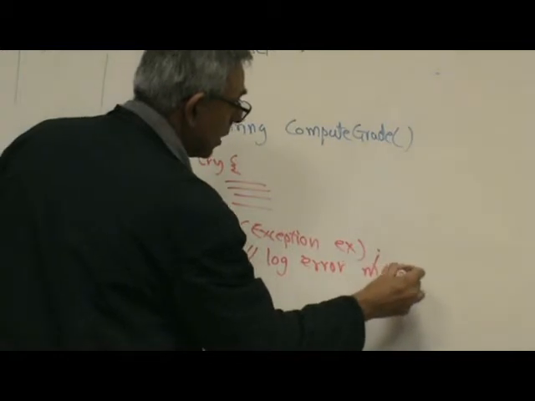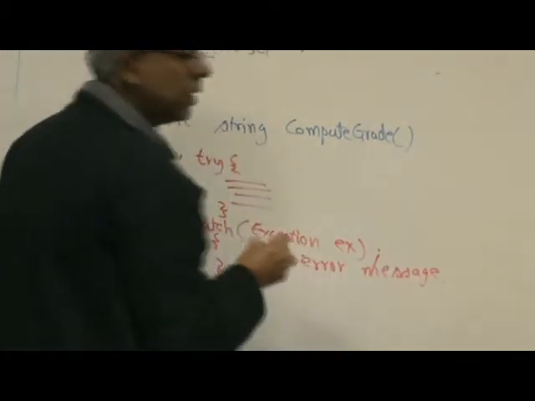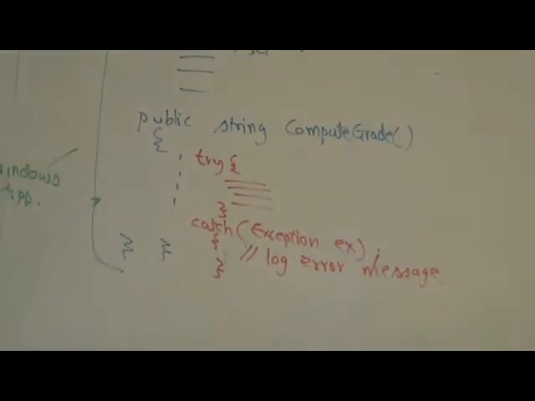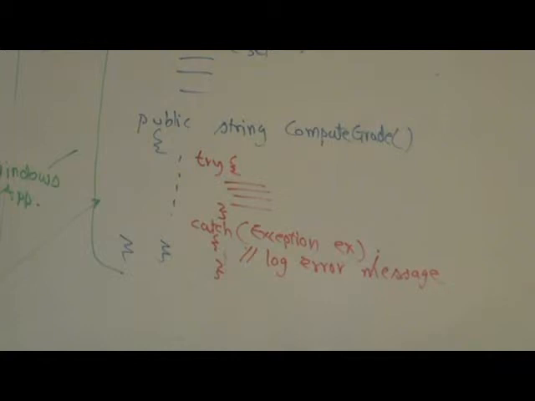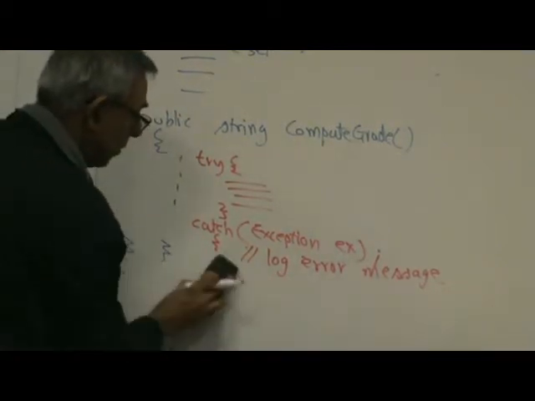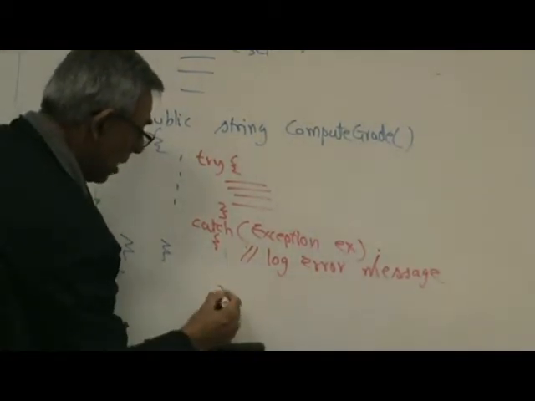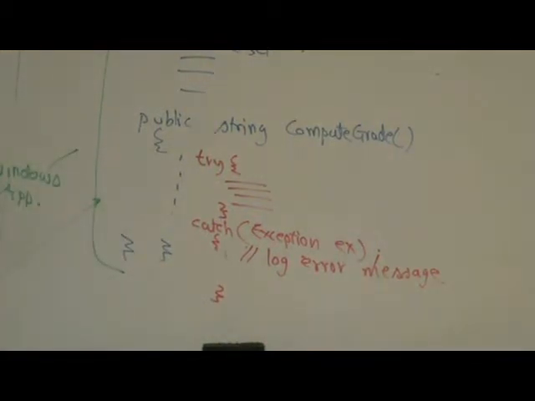You can log it into a database, or later on I'll show you professional logging software, where we can log it into a log file so that later on we can examine it and recover the error. But is that the only thing we should do? Log it in the log file?